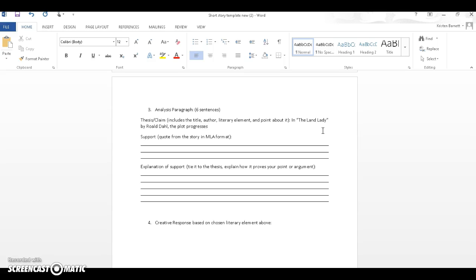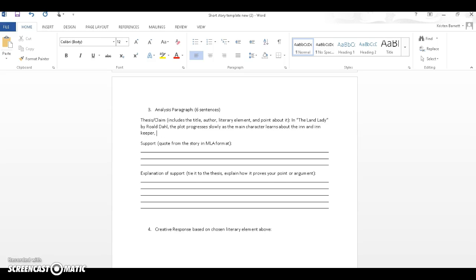So the plot progresses slowly as the main character learns about the inn and innkeeper, but the reader, this is not a very good example, but the reader is exposed to foreshadowing.